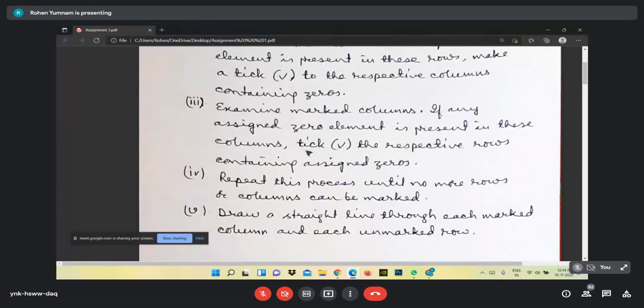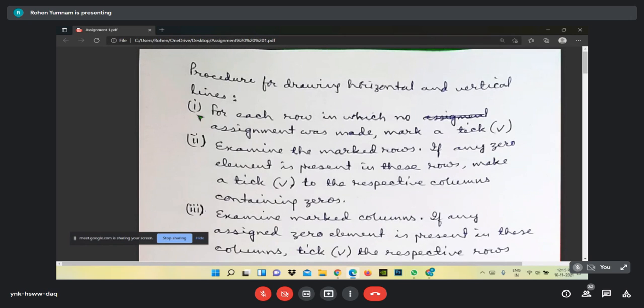Is there any doubt if you practice this? If it is okay, then let us continue further. Is there any confusion to practice with this?